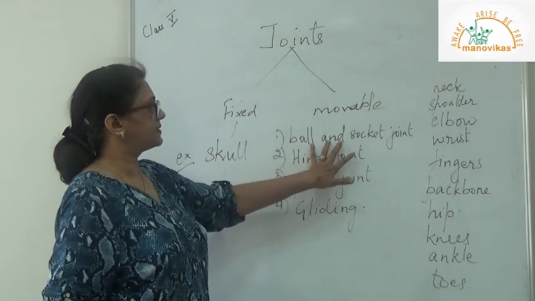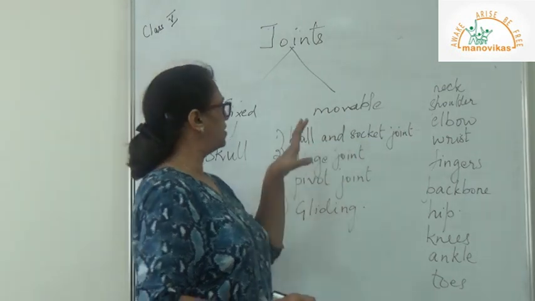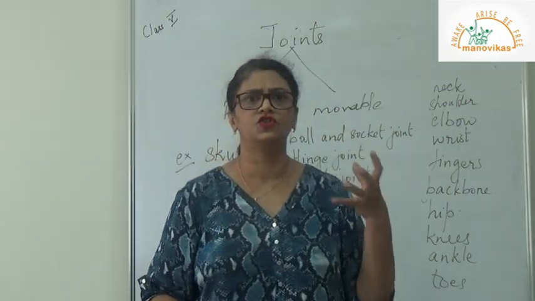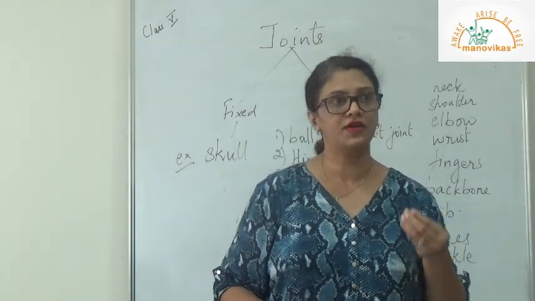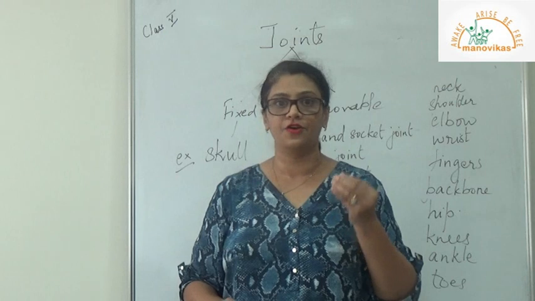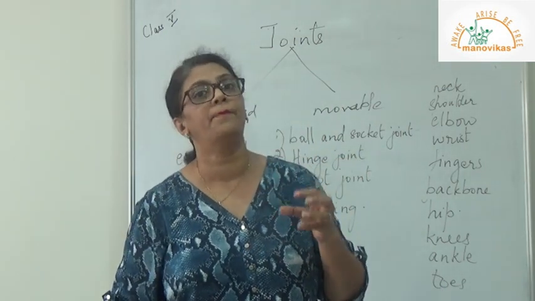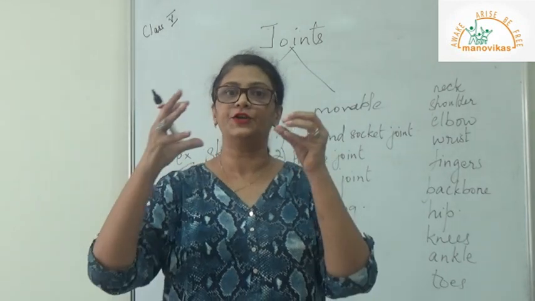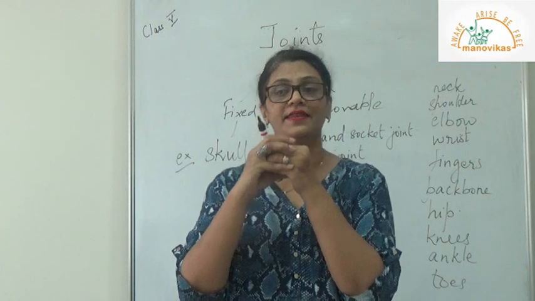Now, let us take the ball and socket joint. What does this joint look like? In the ball and socket joint, one end of the bone, which is in the shape of a ball, fits into a cup-shaped socket of another bone.